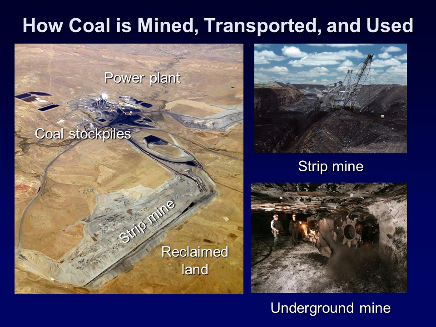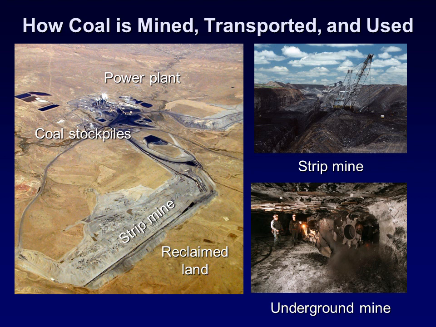Typically, there are a lot of hazards with underground coal mining, like explosions from the methane that occurs naturally near the coal, and collapses and people being trapped and that kind of thing.